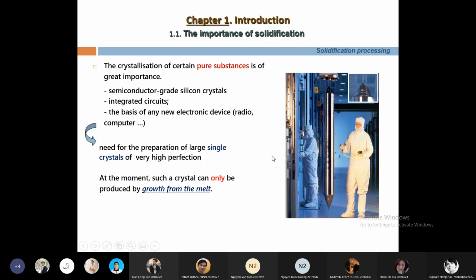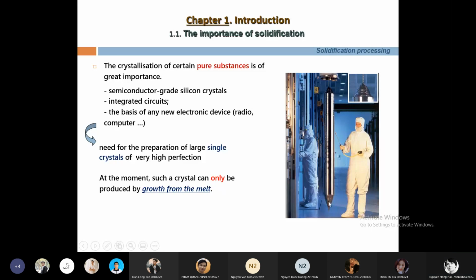And at the moment, such crystals can only be produced by growing from the melt. There is no other method. Only one crystal can be developed.